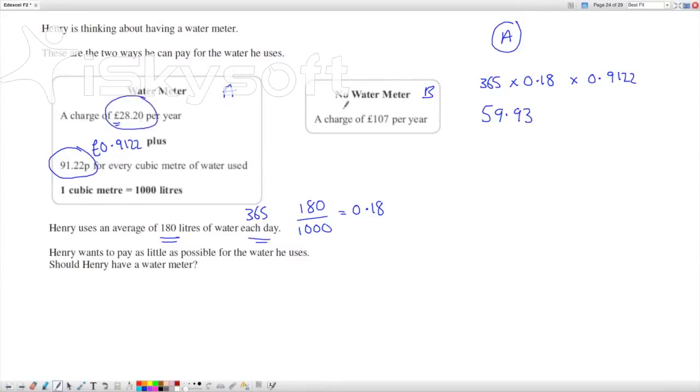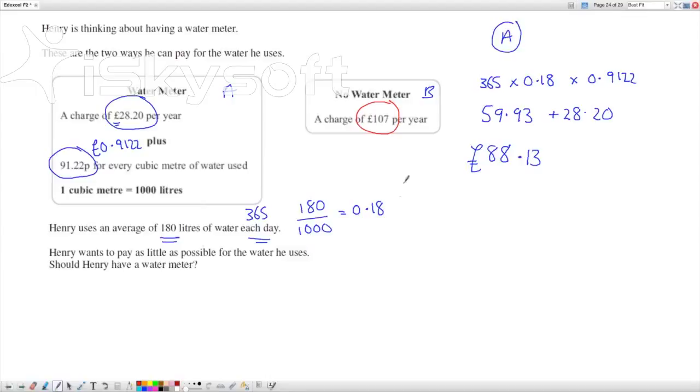But we must also add the £28.20 to give us our total price of £88.13 with a water meter, compared to the flat charge of £107 per year without a water meter.